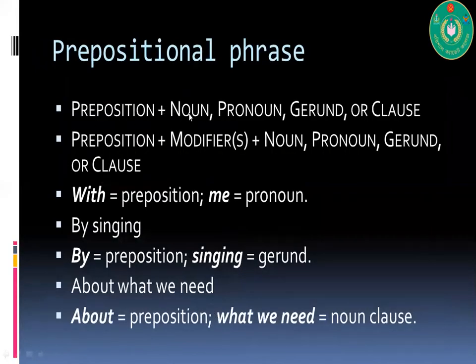Prepositional phrase: preposition plus modifiers, noun, pronoun, gerund or clause. For example, by singing, about what we need. This is also a possible structure. See the first one, a clause; that will not be used in flowchart writing.